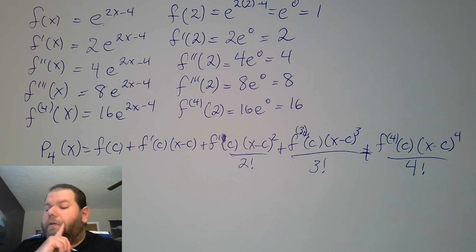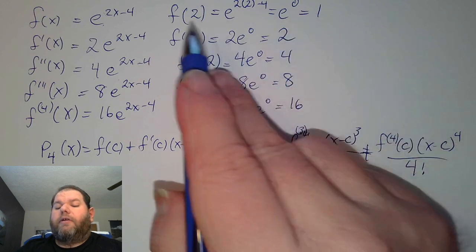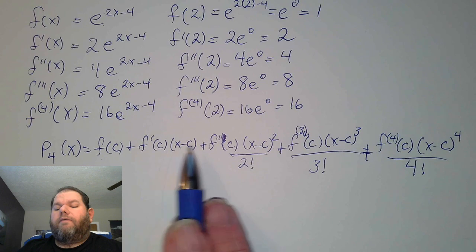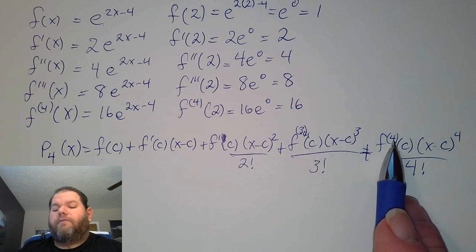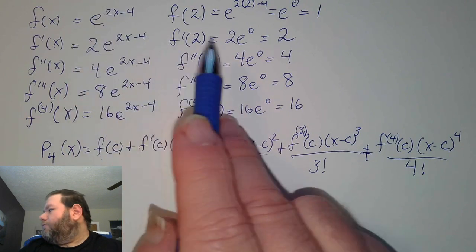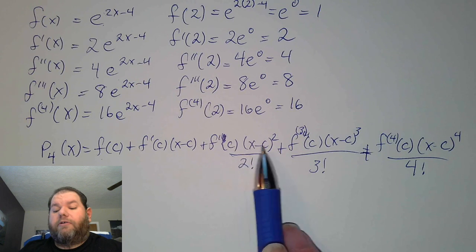Okay. And we have each of these values here already. F of 2, f prime 2, f double prime 2. So we'll plug those in for f of c values for each of the derivatives. And c is 2. Well, we already established that, so we'll plug that in for c here also.